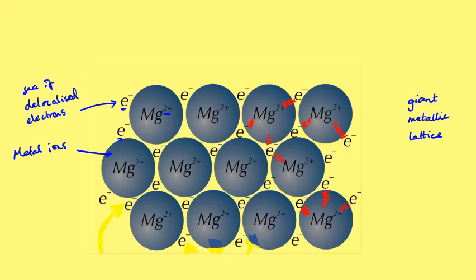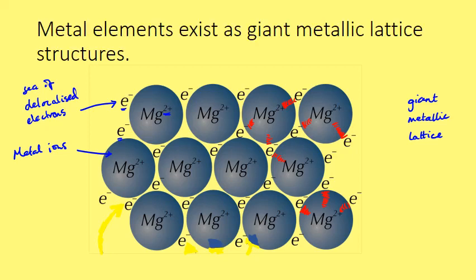Okay, so that is the first point we want to make, and we're going to summarize that point by saying that metal elements exist as giant metallic lattice structures. I've mentioned that these electrostatic attractions, these metallic bonds, are quite strong, and so these are the bonds that hold all the magnesium particles together in a solid structure.